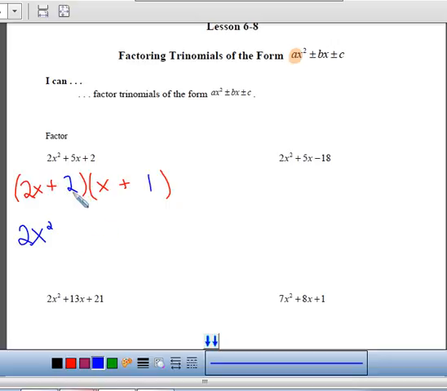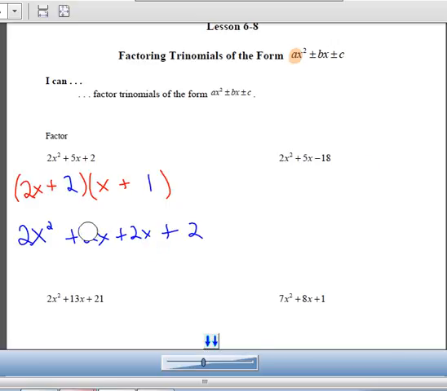Then I have a 2x times 1 is plus 2x. A 2 times x plus 2x, and then 2 times 1 is 2. Now the problem is 2x plus 2x is 4x. That's not going to work. So I can't do this way.